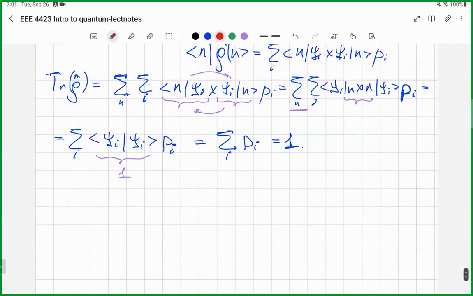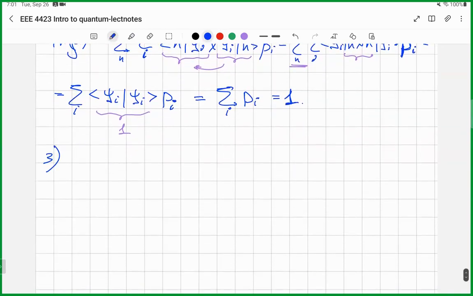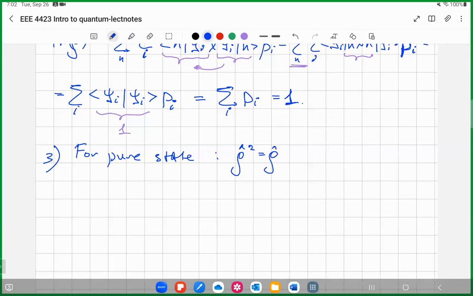The next property is that for a pure state, the square of the density operator is the density operator itself. For a pure state, we have the density operator squared equal to the density operator.